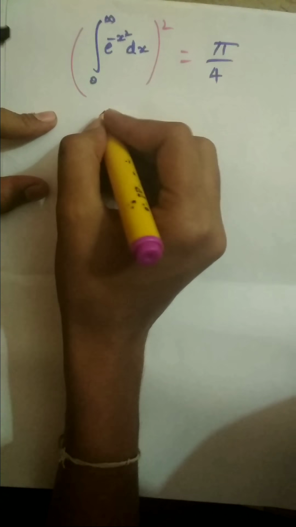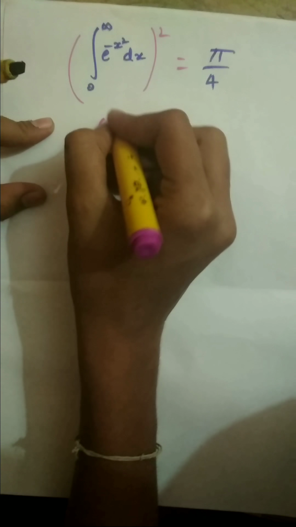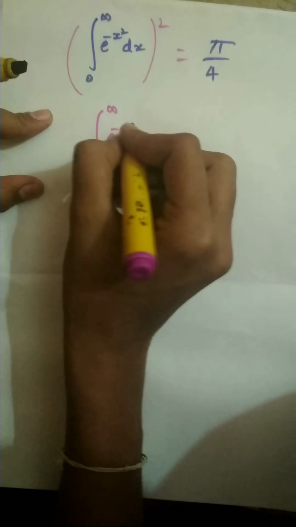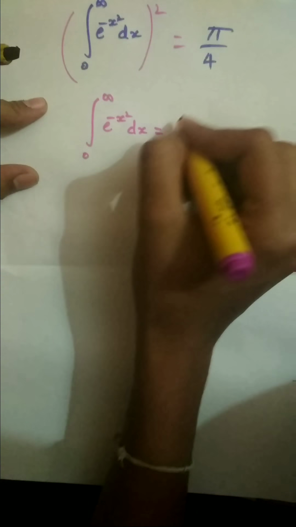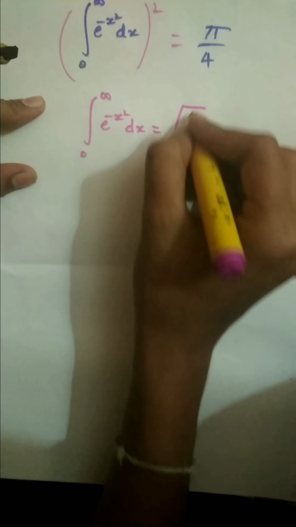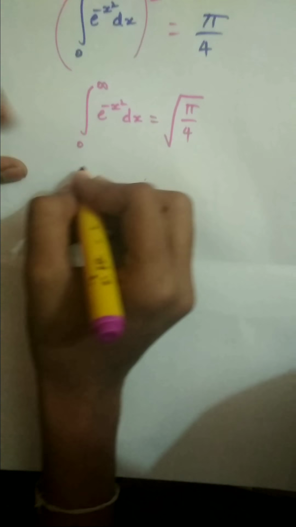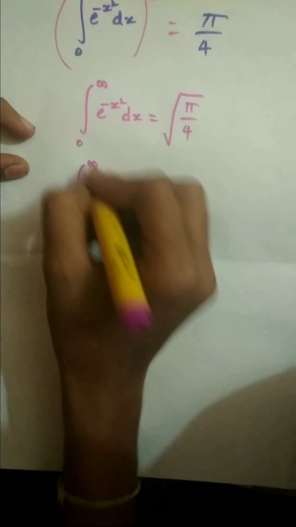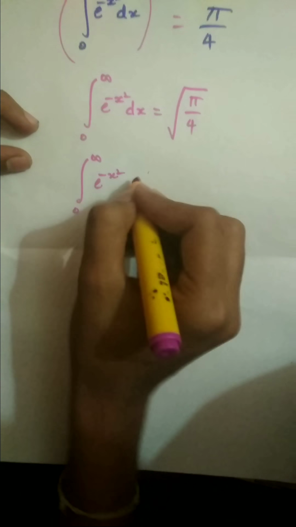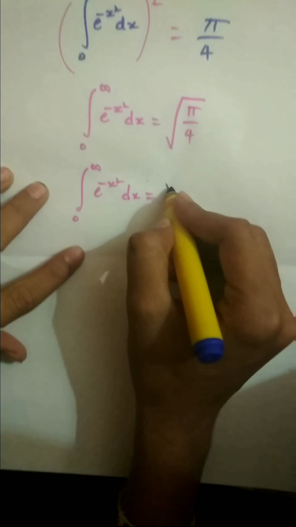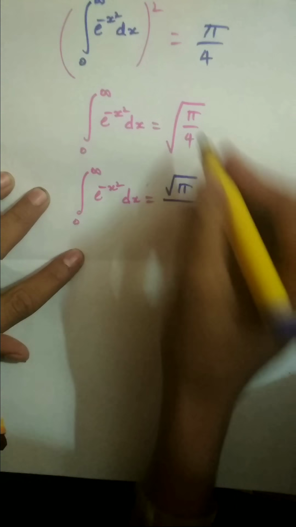Now taking square root on both sides, integral 0 to infinity e to the power of minus x square dx equal to under root pi by 4. That is, integral from 0 to infinity e power minus x square dx equal to root pi by root 4, which is 2.